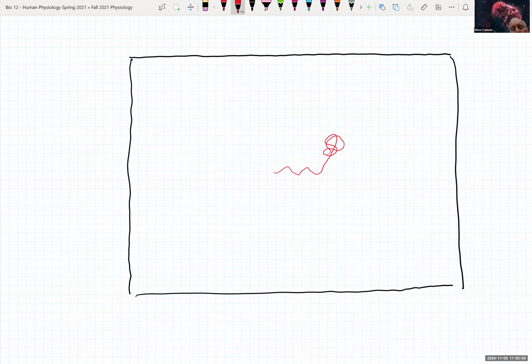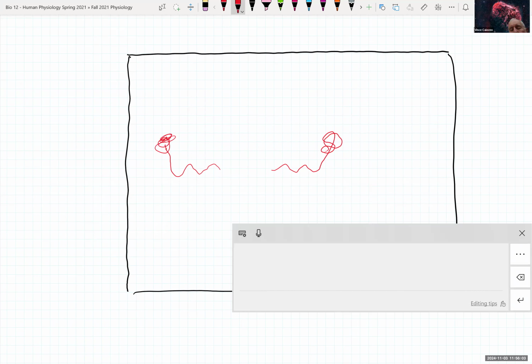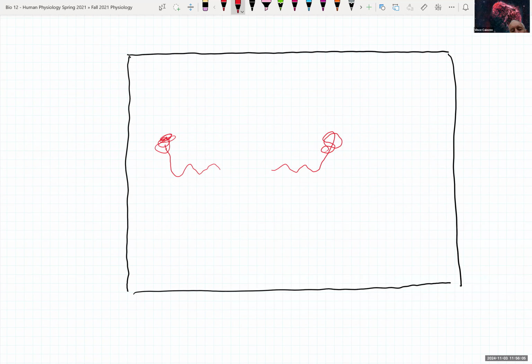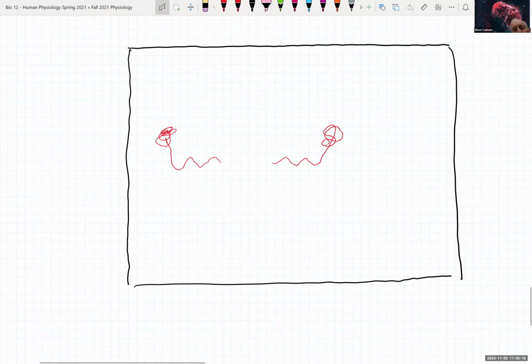And I'm going to show a different version of this. And what I want you to understand is that these are the same myosin molecule, just in different states.